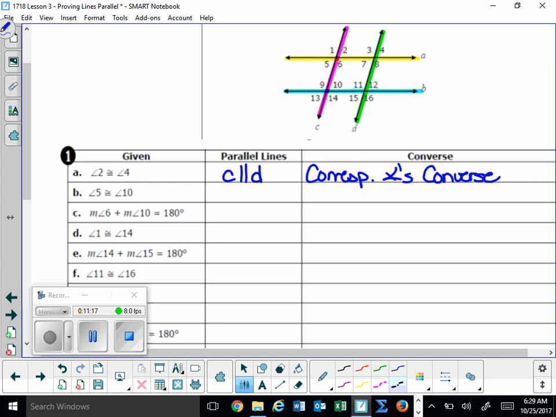Since they're congruent, yes, A is parallel to B, alternate interior angles converse.